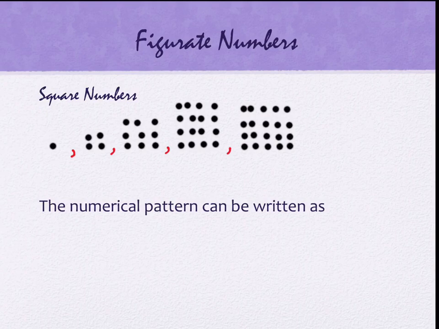If we were to count the dots, what pattern do we see show up? Well, the first one's 1. Let's just write the numbers down first. So we have 1, and then 4, and the next one is 9, and then 16. And the last one we had is 25. What do you notice about those numbers?